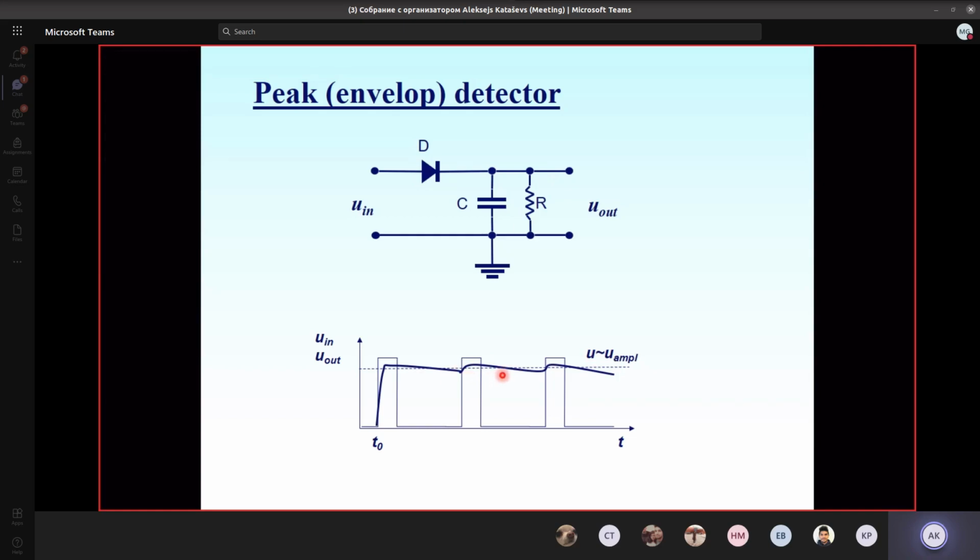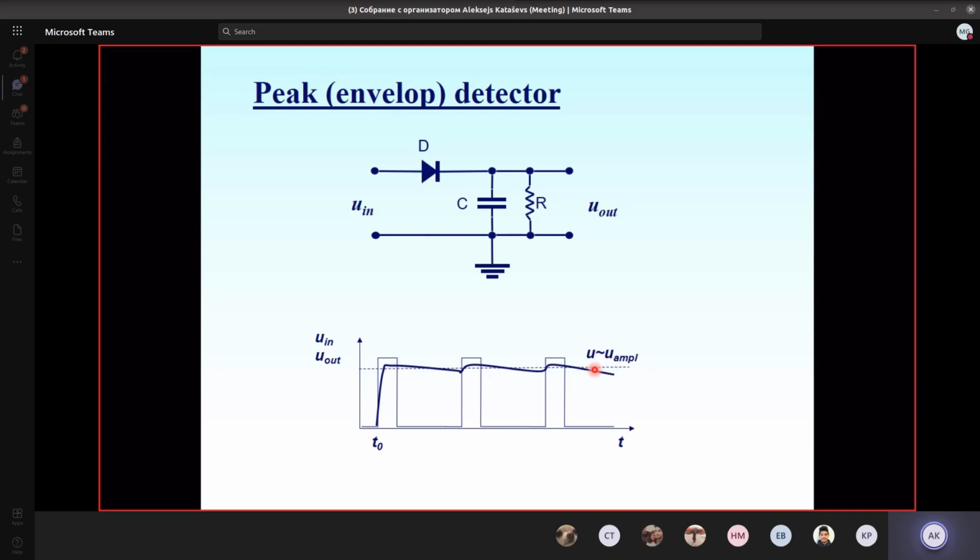The amplitude of the pulsation depends on how frequently the pulses come and on the time constant of this RC assembly. For very fast pulses, we get nearly a DC signal, and it will be difficult to see the pulsation.